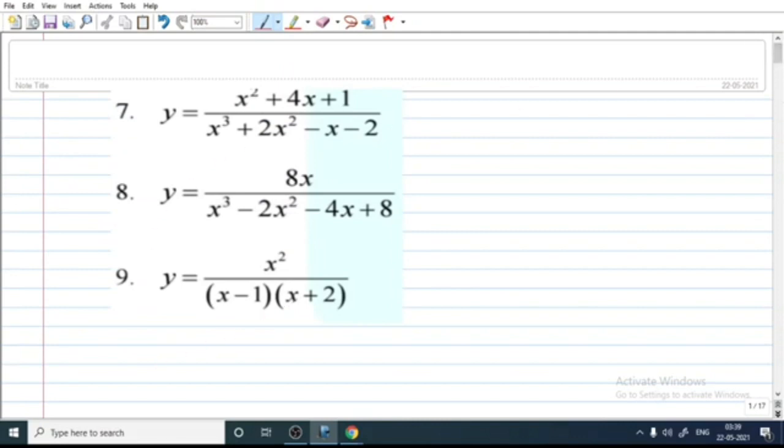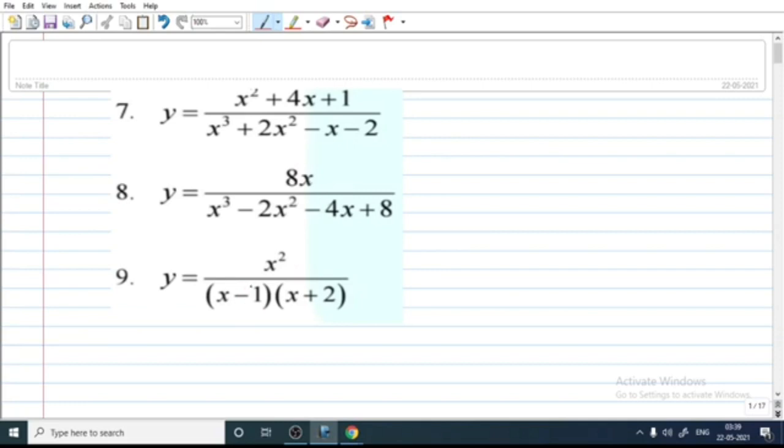Now here you can clearly see it is not a proper rational expression, because the degree of the numerator is greater than or equal to the degree of the denominator. If we multiply these two, we will get a quadratic.